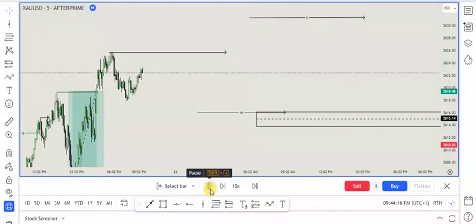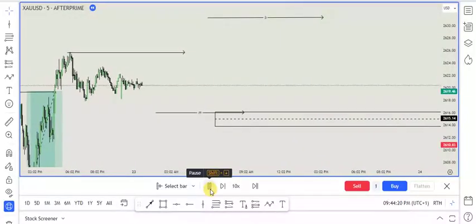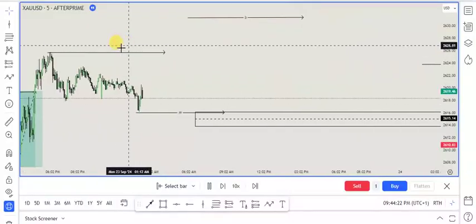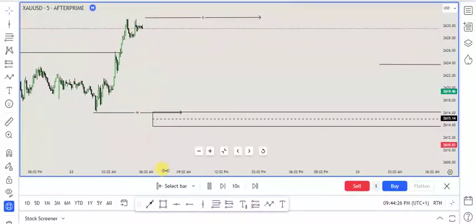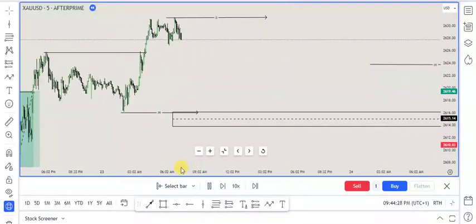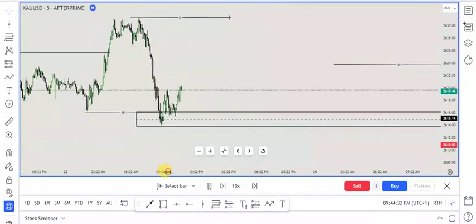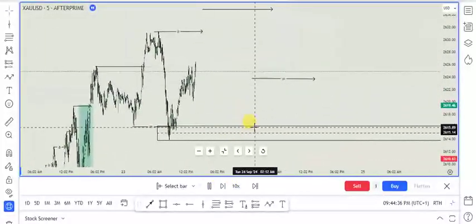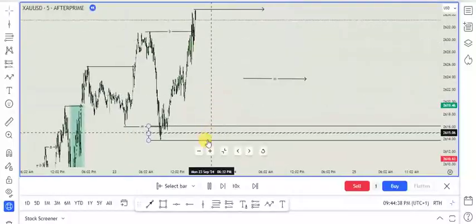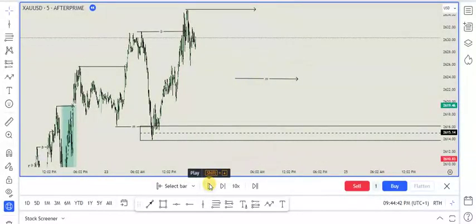So we had another break of structure here, right? Break, manipulation, then break. Now let me pause it here. Let me just pause it for you to see.